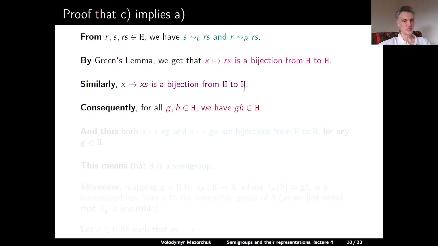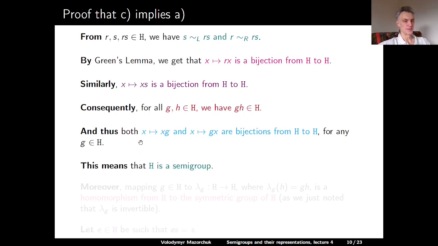So in other words, our H class is a sub-semigroup of our semigroup S. Moreover, it follows that both maps which send X to XG and X to GX are bijections from H to H for any element G in our H class.